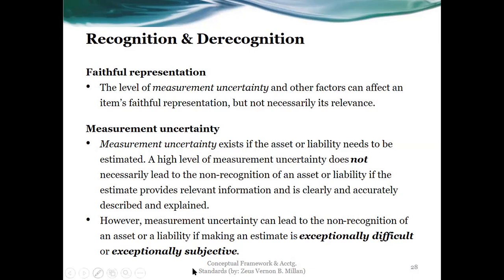A high level of measurement uncertainty does not necessarily lead to the non-recognition of an asset or liability if the estimate provides relevant information and is clearly and accurately described and explained. I think that's clear that it doesn't mean that because there is a question as to the amount and we do the estimate, we would not recognize the asset or liability.